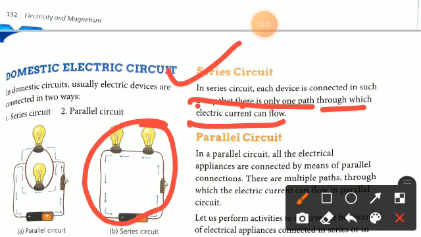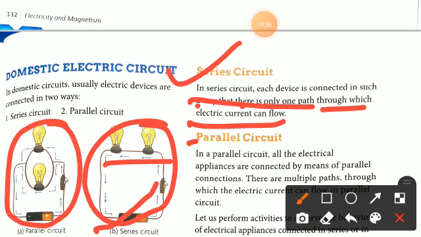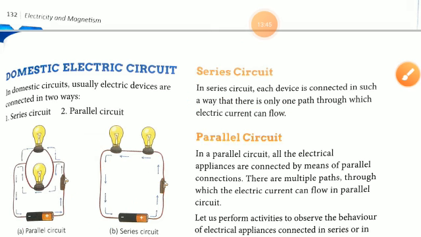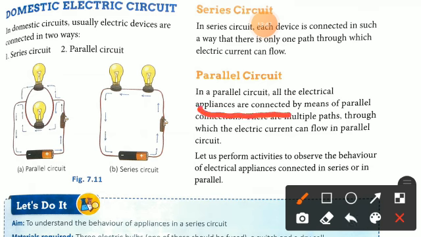Here you can see that the current starts flowing from the battery and reaches the bulb. Both the bulbs are in series combination here. Fine. So the current has only one path to flow. Now this is the parallel combination. In a parallel circuit, all the electrical appliances are connected by means of parallel connections.